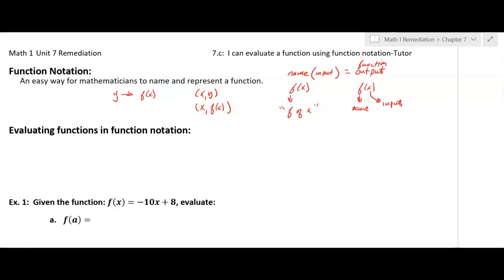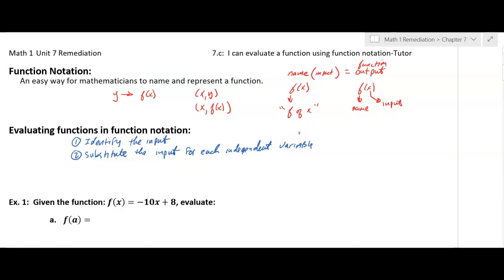Now, when we go to evaluate a function, the first thing you're going to do is identify the input. And once you identify the input, you're going to substitute the input for each independent variable, okay?